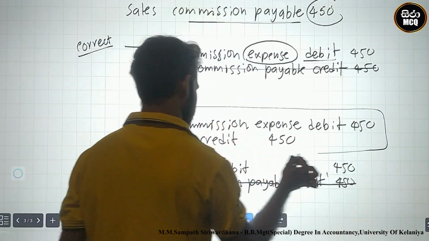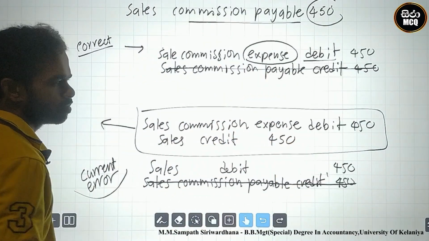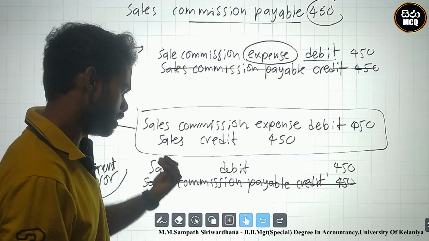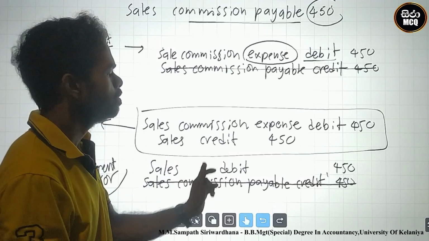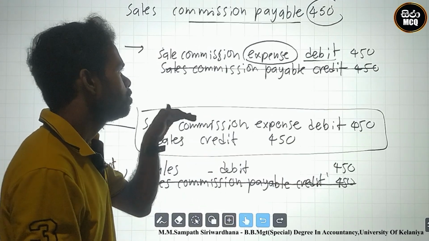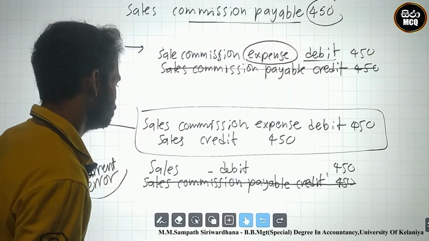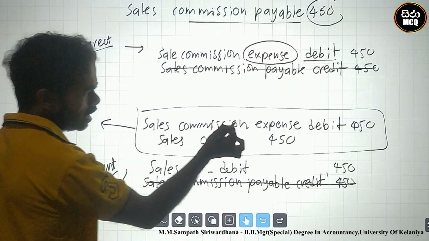This is the error correction entry. Okay, the error side, we use the opposite side. This is the debit, we must credit sales credit. The correct side, we use the normal entry, debit short. Look here, this is the sales commission expense.